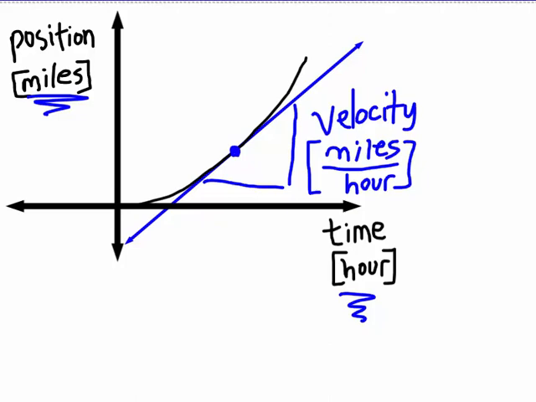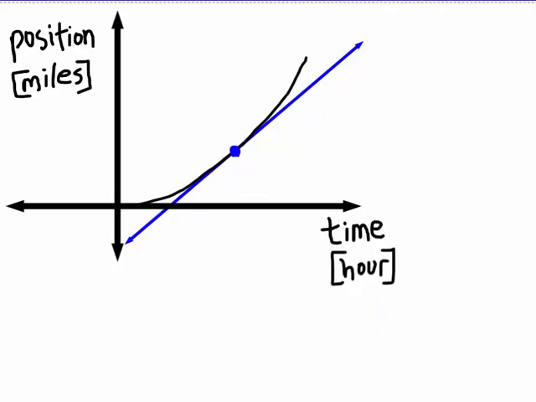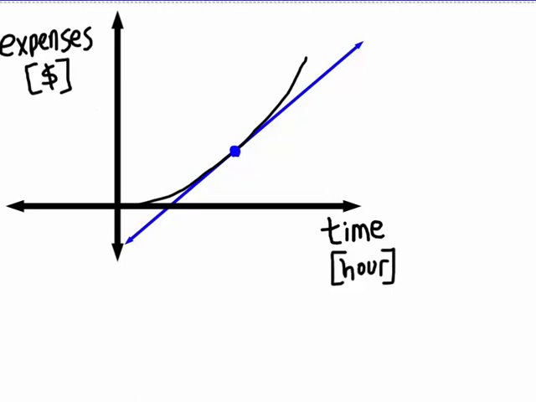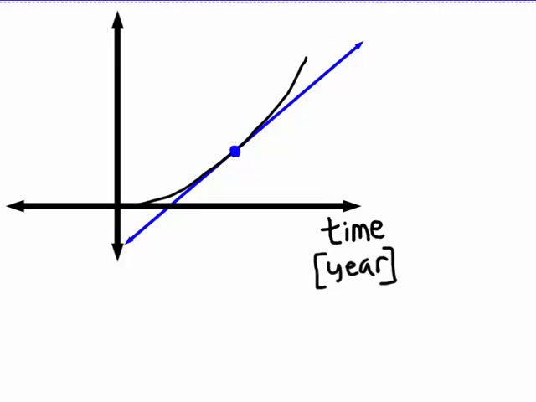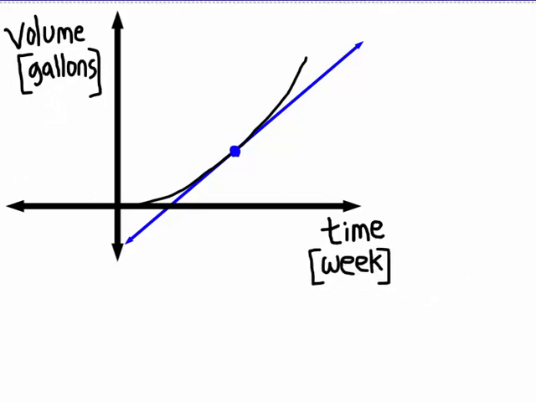Consider other options. Maybe you're recording expenses for your business and you're measuring time in years. Then the slope of the tangent line would give you dollars per year, how fast those expenses are changing. Or perhaps the volume of water rushing into some container per week.